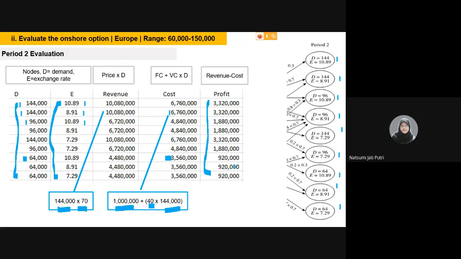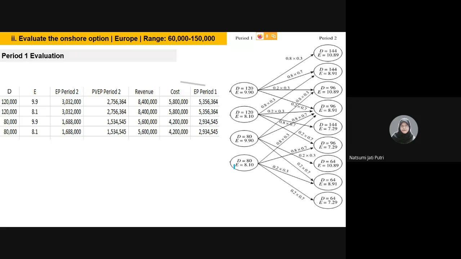And then next, we evaluate period 1. Also the same, the value in each node here, just move it to this table. The demand 120, the exchange rate 9.9, and then the demand 120 and the exchange rate 8.1, and so on.